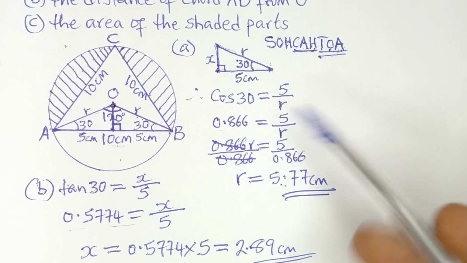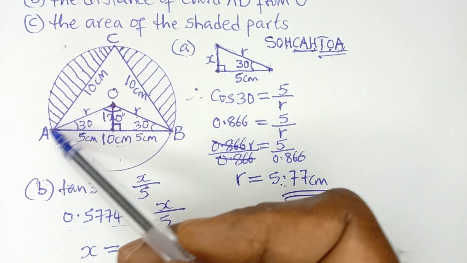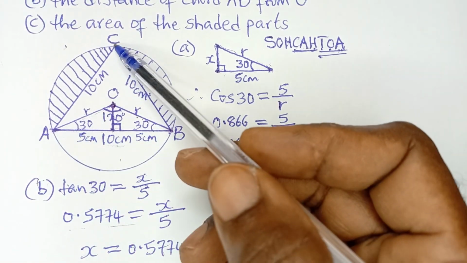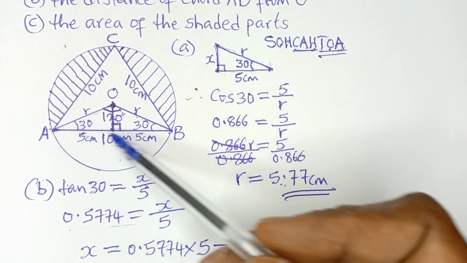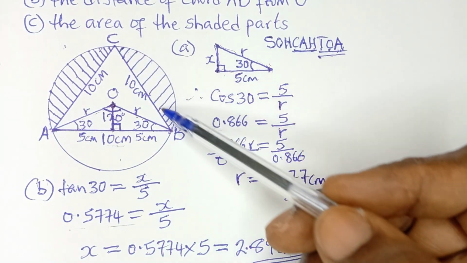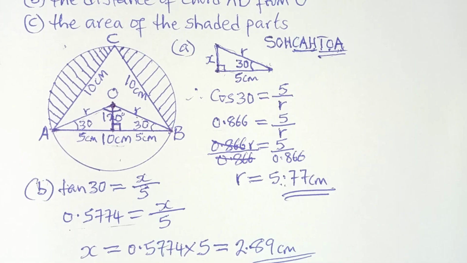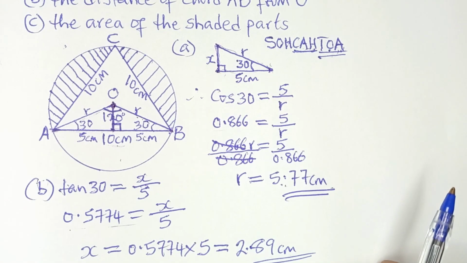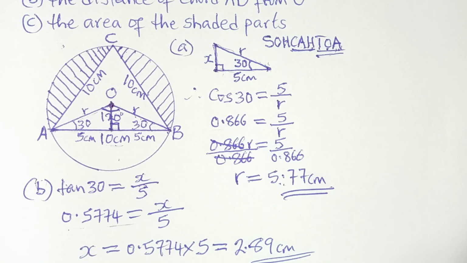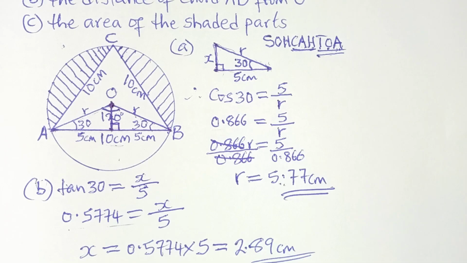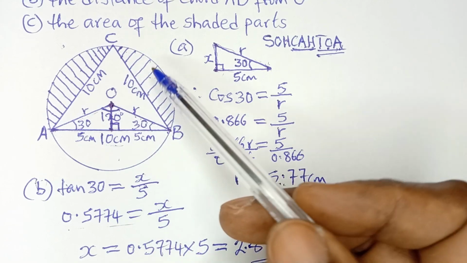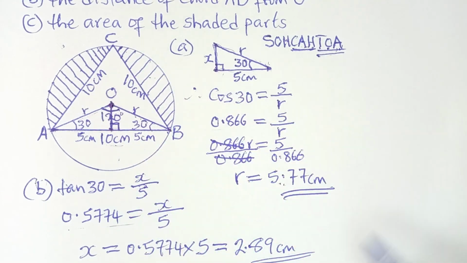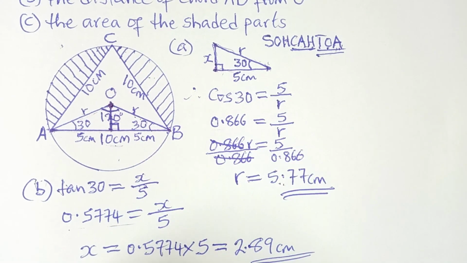Don't forget that this is an equilateral triangle because all the sides are equal. This is 10 centimeters, this is 10 centimeters, and this portion is also 10 centimeters. So it is an equilateral triangle. Now, for us to find the area of this shaded part, we have to look for the area of the circle first. So area of circle.